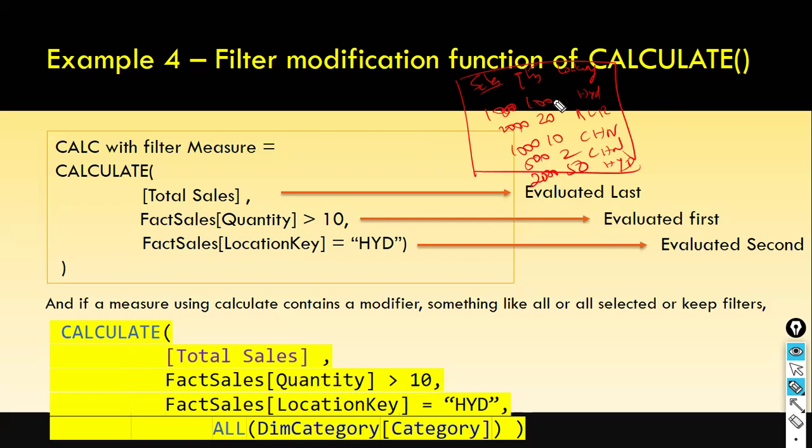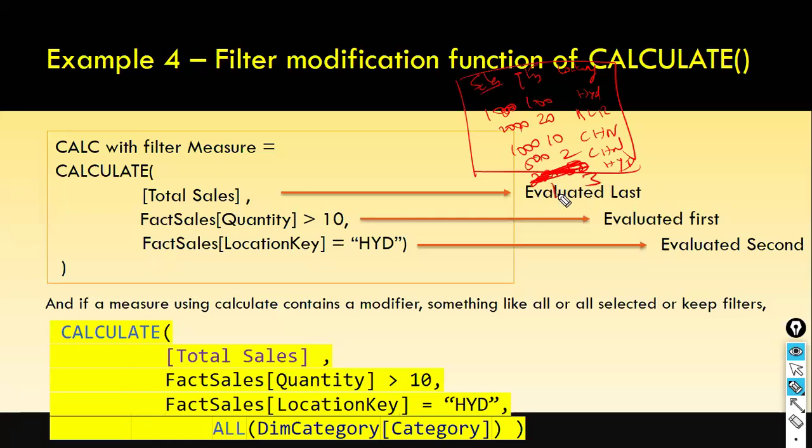So let's say I have given you a paper wherein I have written all the things. If I ask you, tell me, in the Hyderabad location, okay, here instead of 50, I will just put 3.